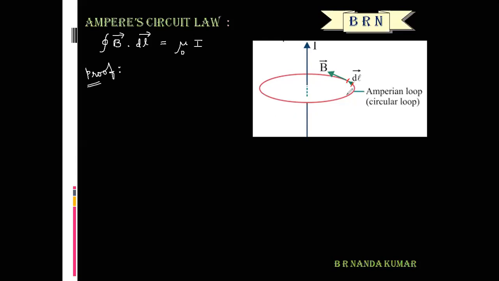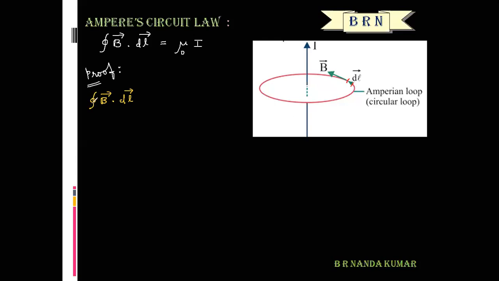The line integral of magnetic field means the integration of B vector dot dl vector. The circle on the integral sign means the surface is closed.